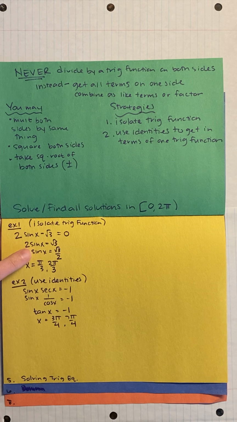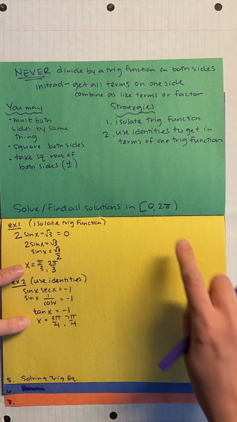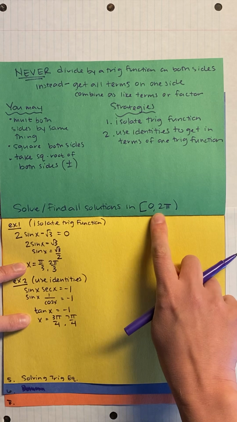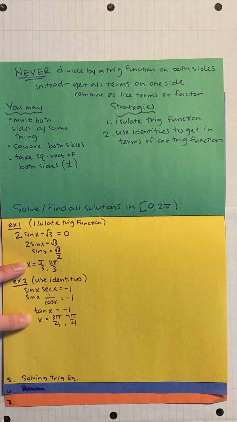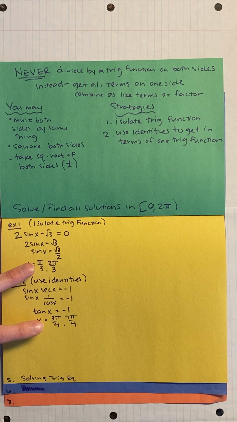So what you're doing here is isolating the trig function, but then you have to say, okay, where does the trig function have that value? You can see all the answers are within one rotation from 0 to 2 pi on the unit circle. Just like I said, a lot of times there's more than one answer.